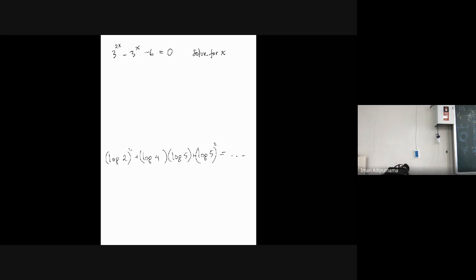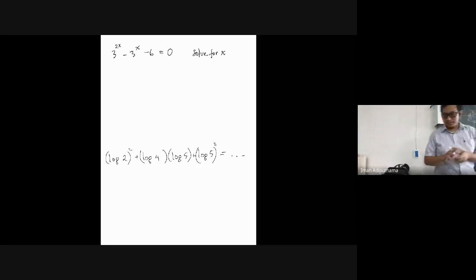Okay, so number one, what is the answer? One, one. Okay, number two, one. Okay, who's still confused? Number one. Okay, right. Number two, who's still confused? Number two. Okay.